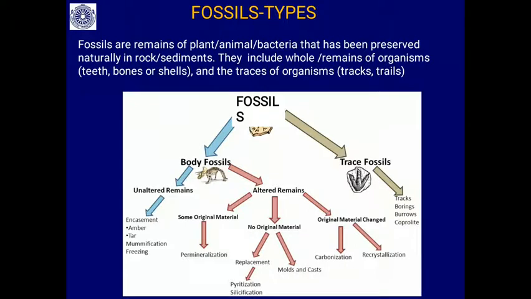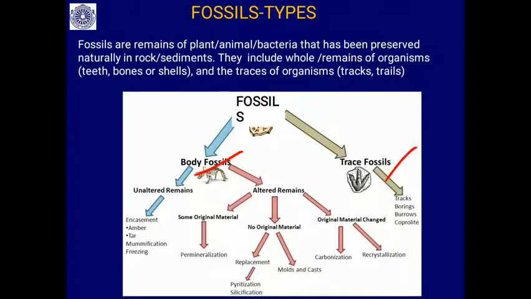So these fossils are broadly classified into two types. Body fossils: these are the whole organism preserved in the sediments, or else a part of the organism preserved. So that is body fossils, concerned with the body of the organism. Then the trace fossils: they are the traces of the living organisms.